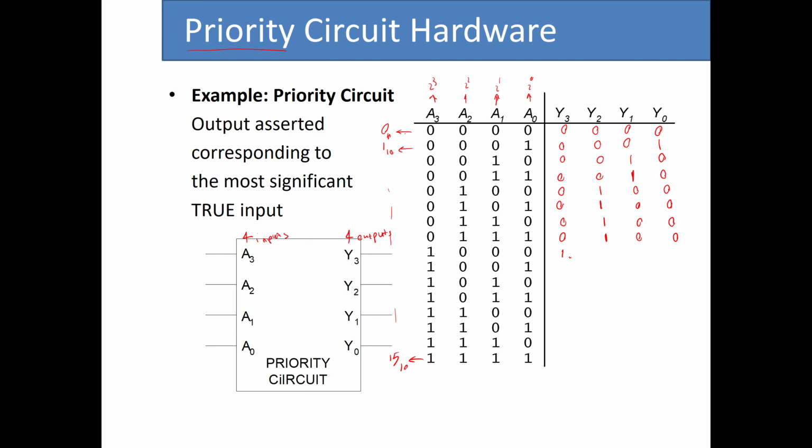Then we have 1 for Y3 in all the rest of the rows of the truth table, and for Y2, Y1 and Y0, the outputs are going to be 0. So this is what is called a priority circuit.